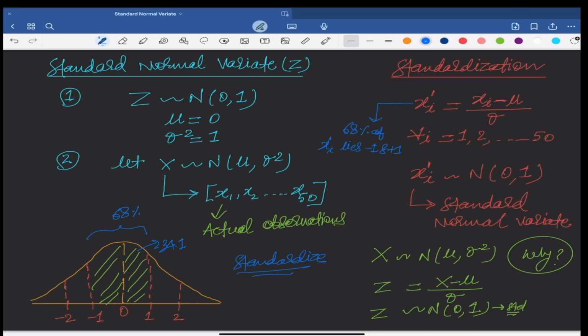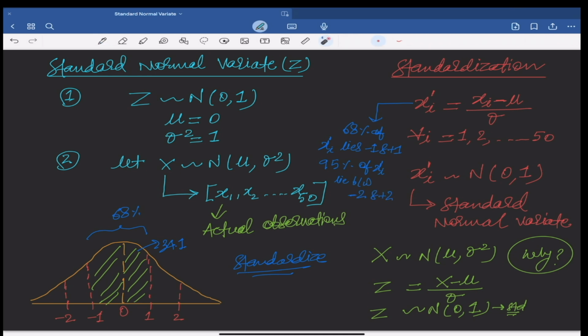And I also know that 95% of xi dash lie between minus 2 and plus 2.